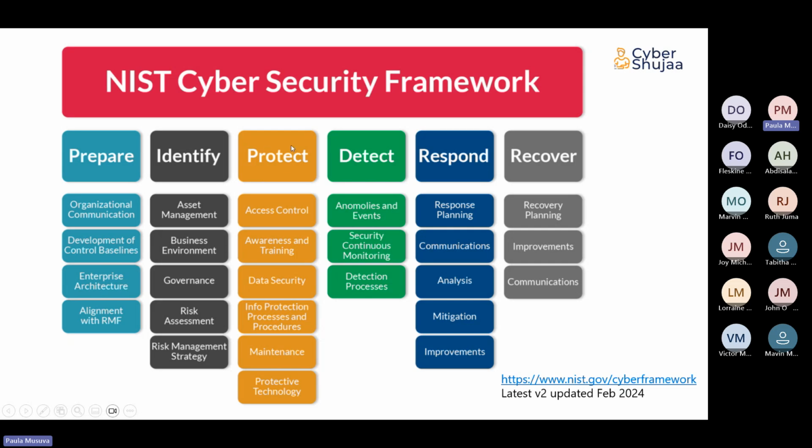You protect by implementing different controls, and it stipulates the different controls, areas you need to implement in detail. You detect by doing continuous monitoring for any anomalies and events of concern. You respond immediately. It puts in provisions for incident response planning and different things that you need to do when under attack.